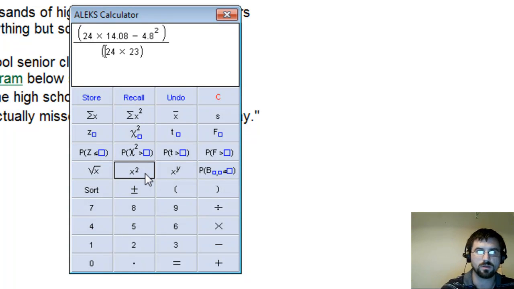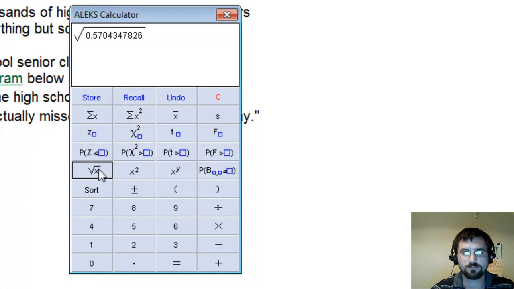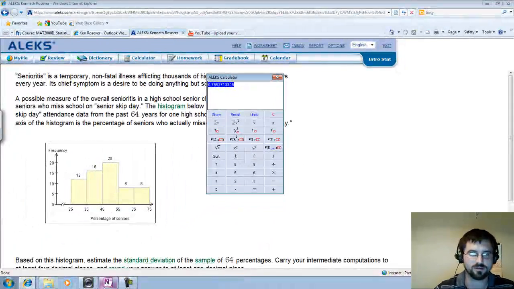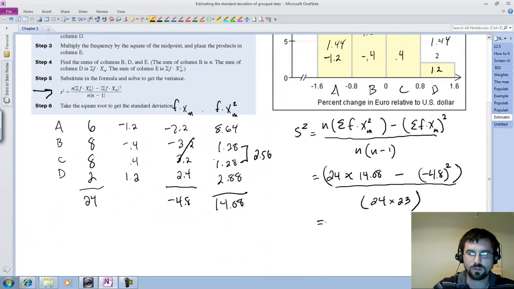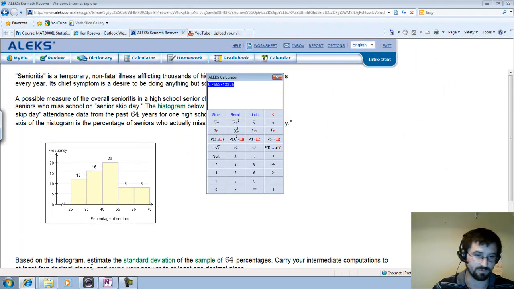Alex has already grouped them in such a way that the parentheses were implied, so it's not really necessary. But I hit equals. That's 0.5704 is my variance, so if we square root that, we get 0.7553. So 0.5704 is s squared, so s is 0.7553.